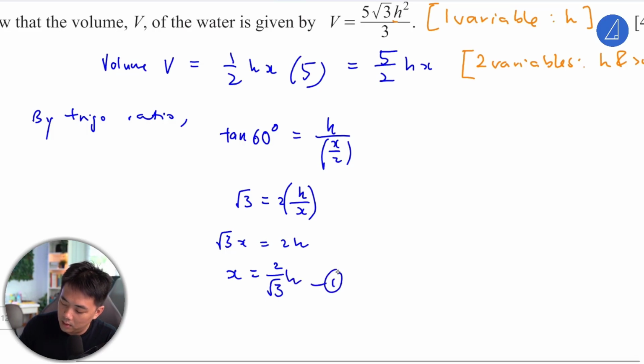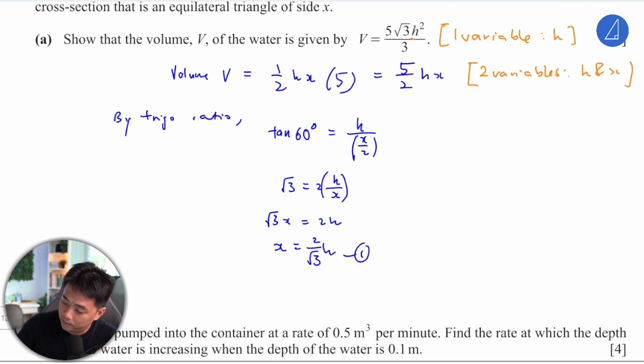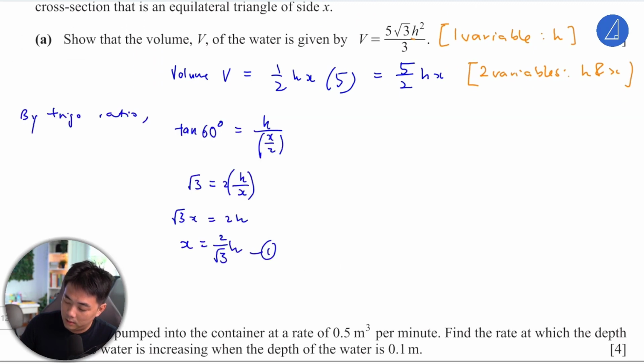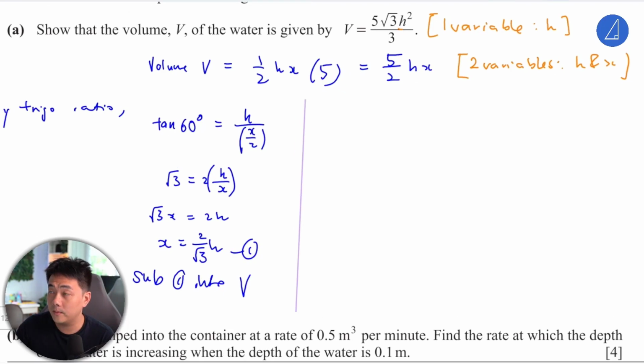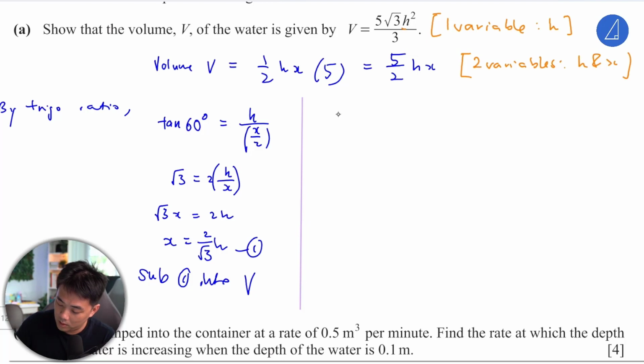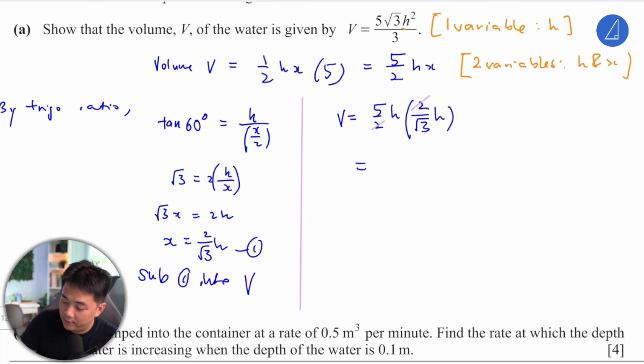So sub 1 into 2, sub 1 into 5V. In this case, we'll get V equals 5 over 2 h times 2h over root 3. So cancel it out. What's left is 5 over root 3 h squared.